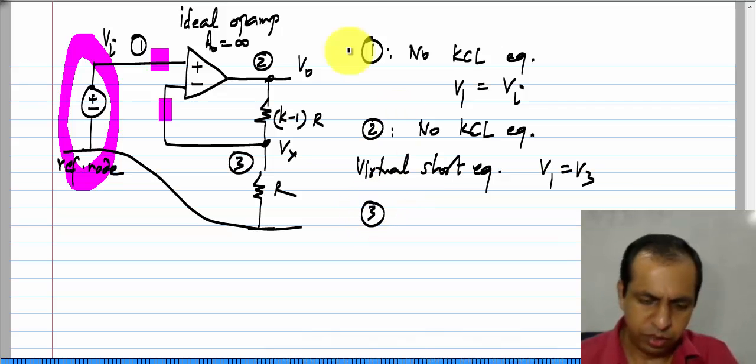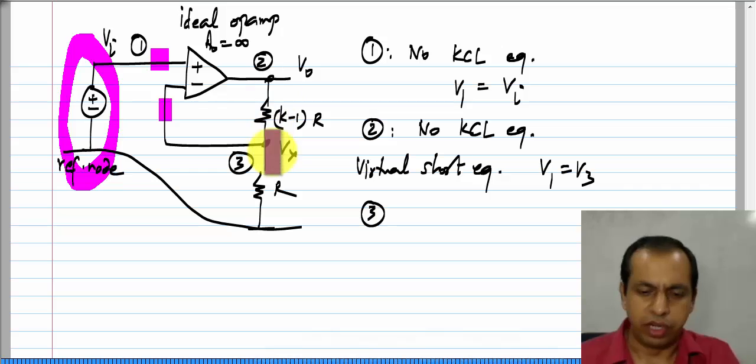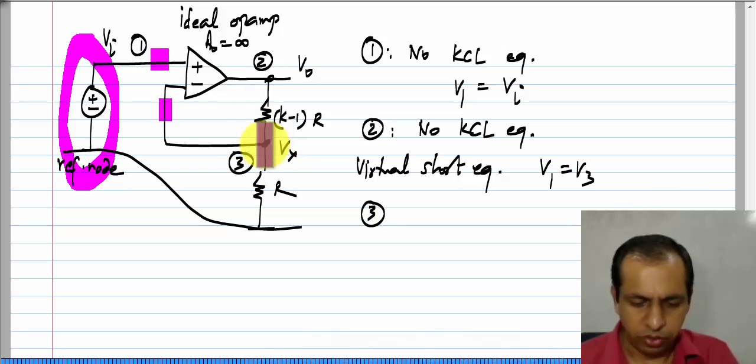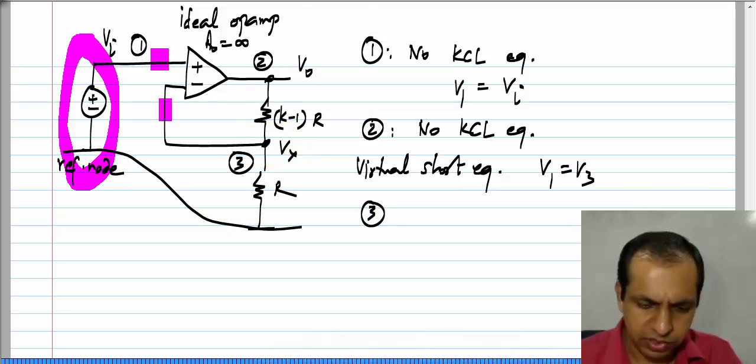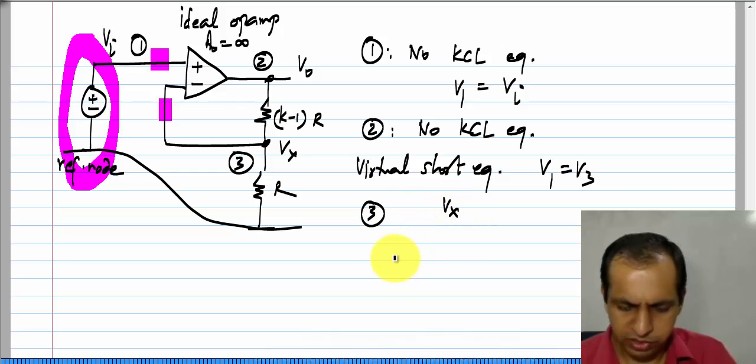And finally, at node 3, we can write the KCL equation. So, that is V x, which is the same as V 3.